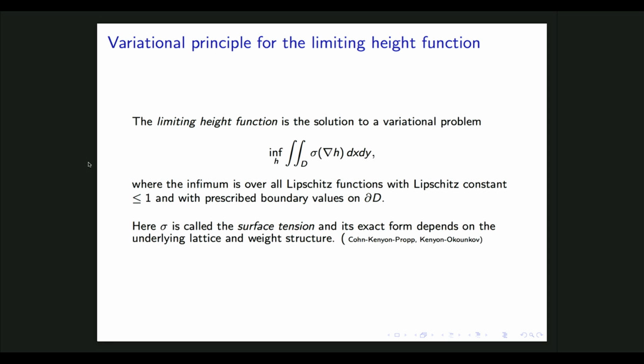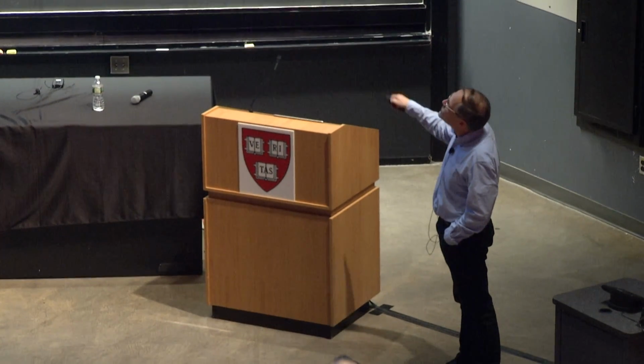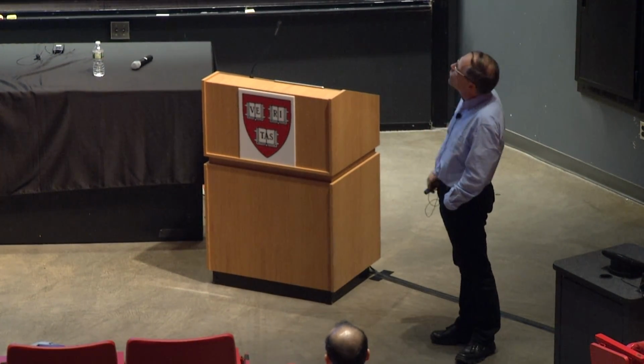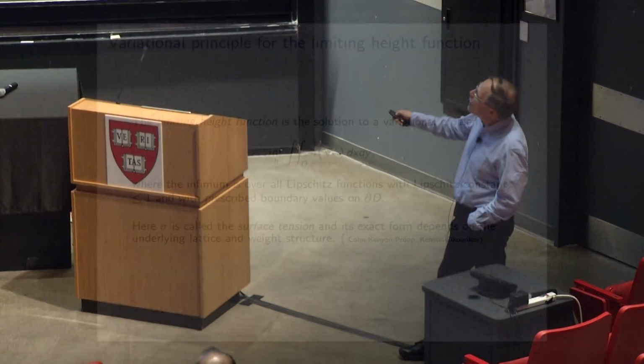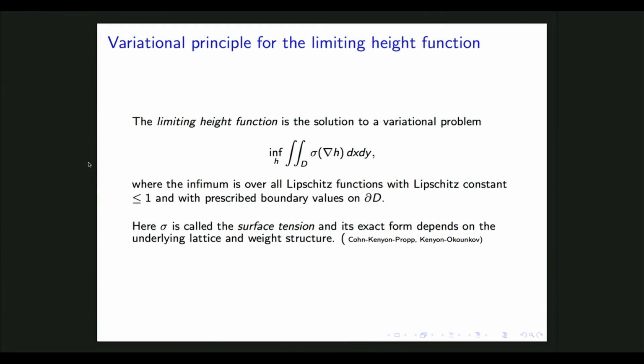So the gradient of the height function, and evaluate this surface tension there, I integrate over the region that I have, and I take the infimum over all these candidate height functions with a bound on the Lipschitz constant here. These bounds are the limiting slopes that correspond to these flat pieces. So I hit these upper and lower constraints at these frozen parts then.